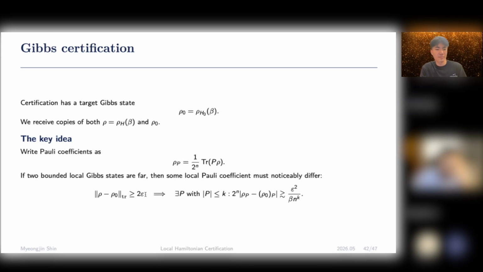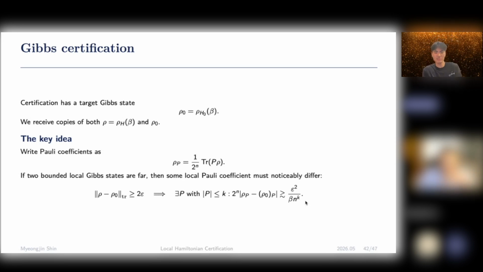If the Gibbs states are far by 2 times epsilon, we can get a guarantee that for some Pauli observable, the measurement outcomes from each Gibbs state are far by a quantity which is polynomial in beta and polynomial in n, if the locality k is constant.